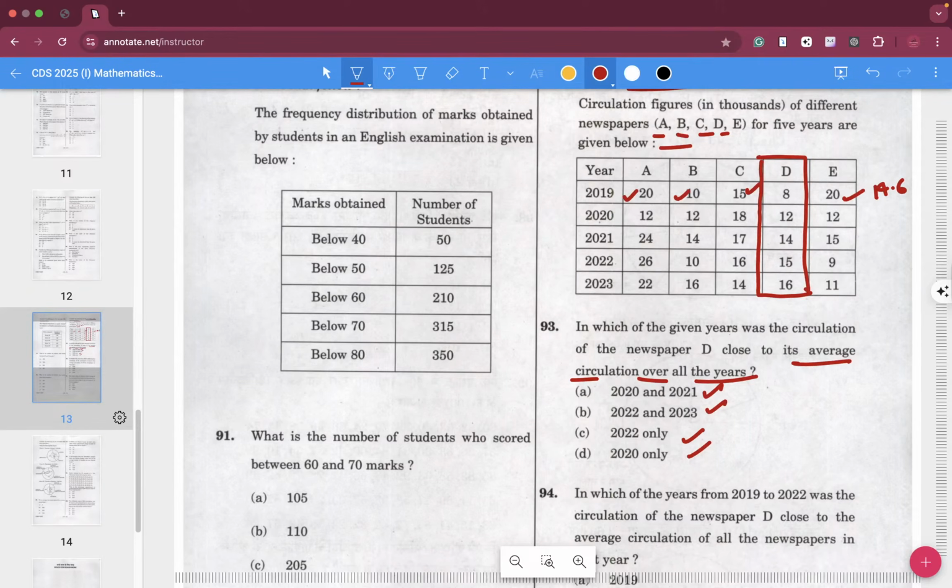So on an average in 2019, 14.6 is what you had.